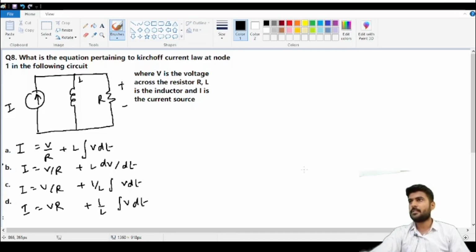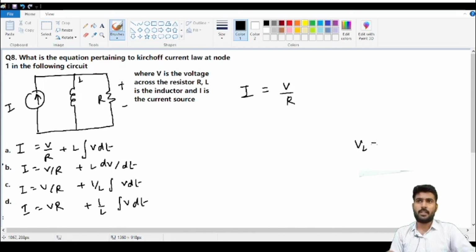Question number 8 is, what is the equation pertaining to Kirchhoff's current law at node 1 in the following circuit? Simply we have to apply KCL at node 1. So incoming current would be I, which is equal to outgoing current. Outgoing current, if we are given voltage across the resistance as V, then V upon R, and the current across the inductor would be, see, the voltage across the inductor is given by L di by dt.